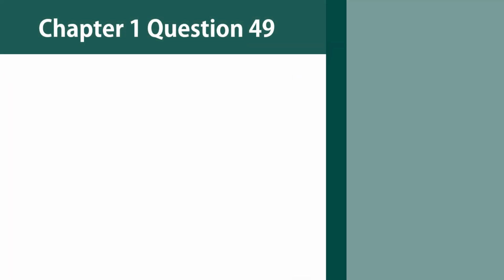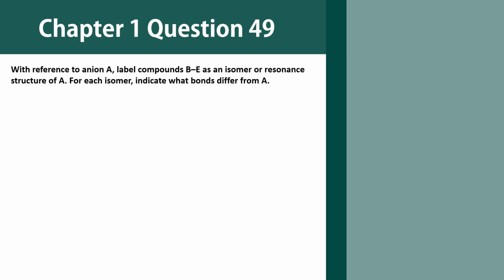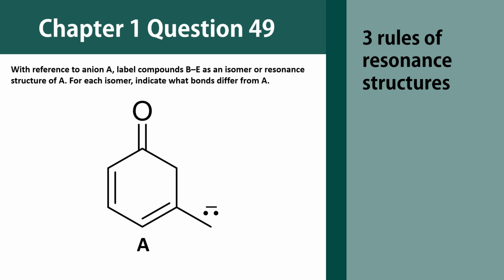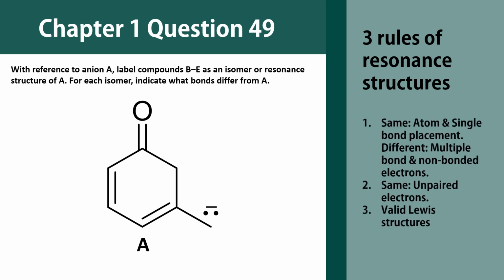Next is question 49. This is a question where they want you to find which one is an isomer and which one is a resonance structure of A. When you encounter this kind of question, please make sure you find out which ones are resonance structures first.